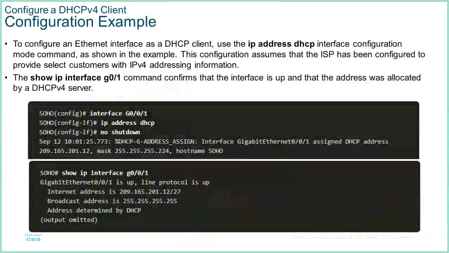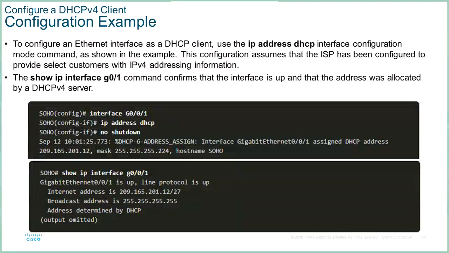So it's a very simple command. We go to the interface, we go ip address dhcp, no shutdown. So this turns the interface on, and we're telling it that its IP address will be assigned to it via the DHCP service. Pretty straightforward.